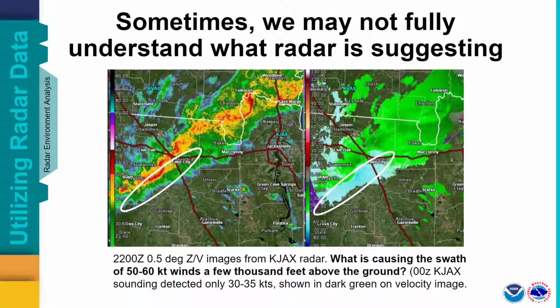The 0Z Jacksonville sounding a few hours later and model guidance indicated winds should be westerly 30 to 35 knots, a short distance above the ground. So what is going on here, and how will it influence the structure of and hazards from this advancing line of storms? Is it an area of locally more intense low-level shear? Is this enhancement created by the line of storms? Are damaging winds occurring at the surface in this area ahead of the line? These questions are hard to answer with any confidence, and that can be quite frustrating.